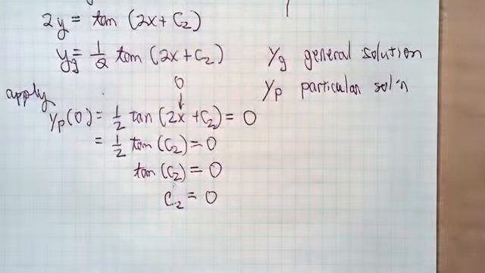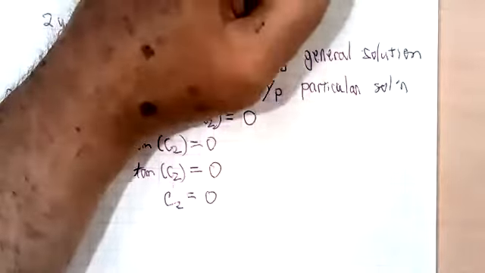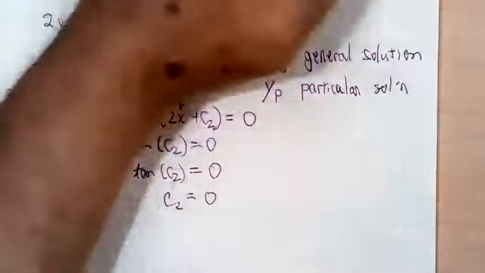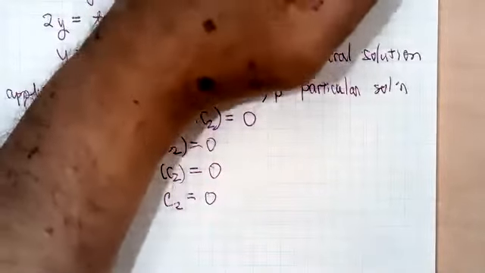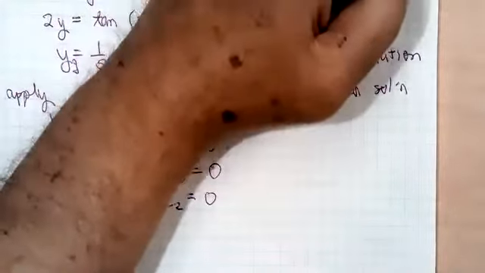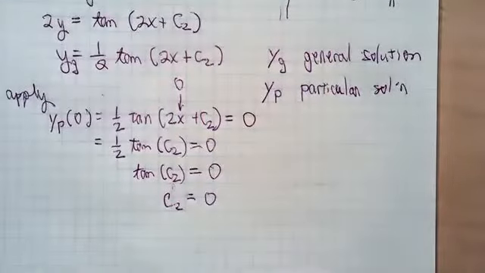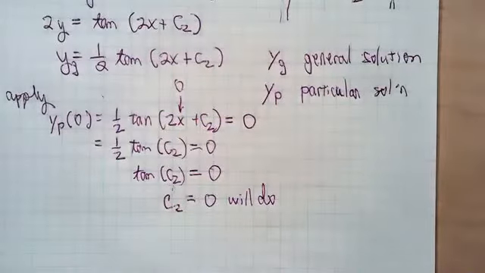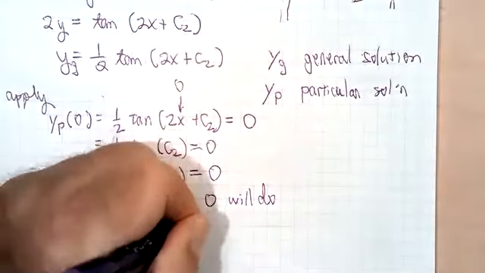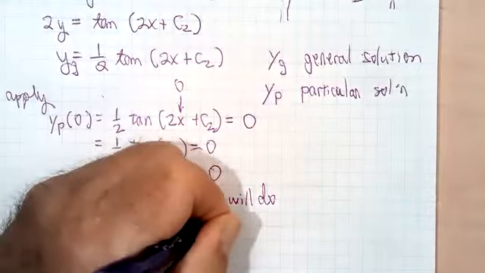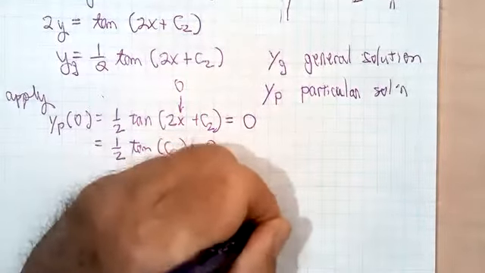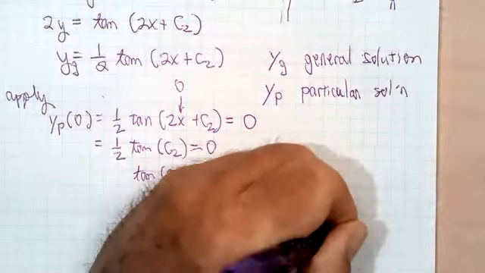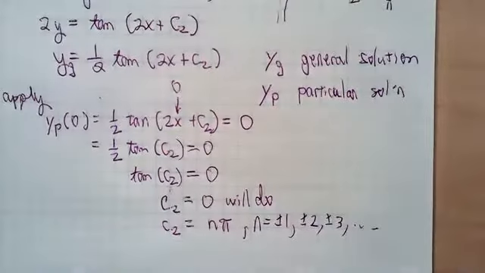But the period of tangent is pi. So this is at pi over 2, and the next intercept occurs here at pi. So there is a solution that will work, but in general, any multiple of pi would also work.